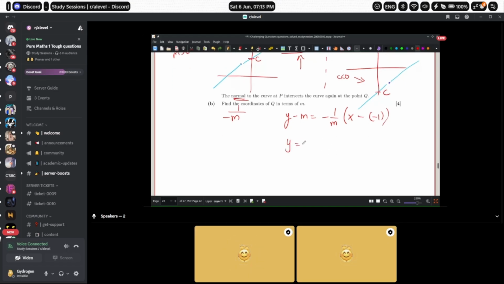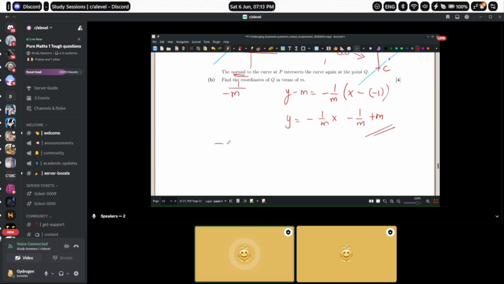So y equals minus 1 over m x plus 1 over m plus m. This is the equation of the normal. And then we have to find where this will intersect the curve. So minus 1 over m x minus 1 over m plus m equals minus m over x.